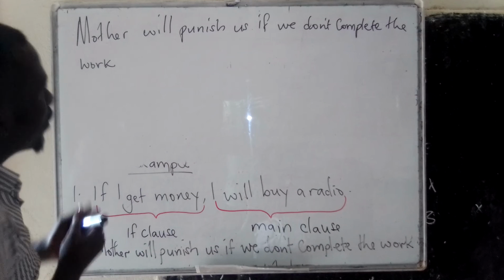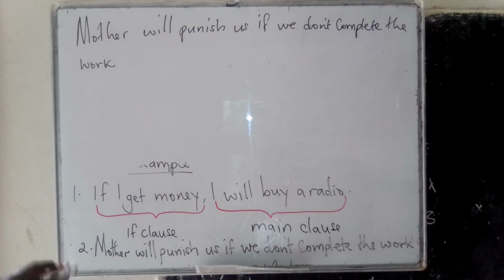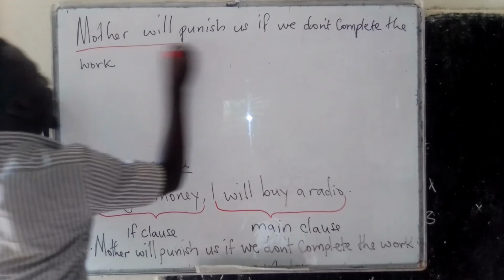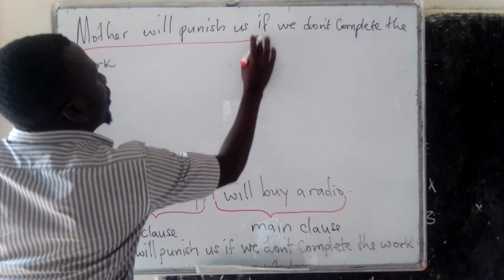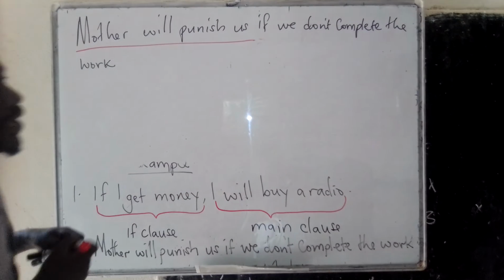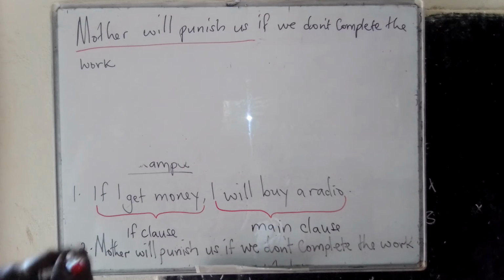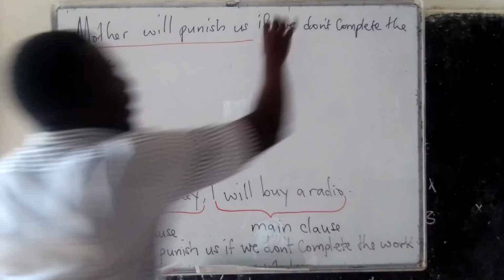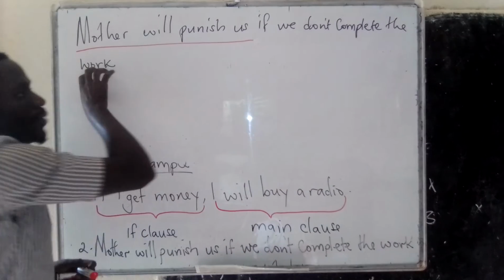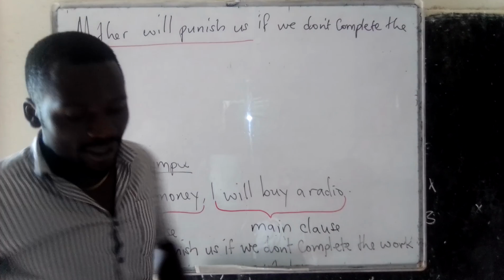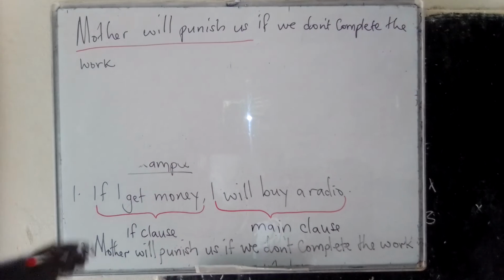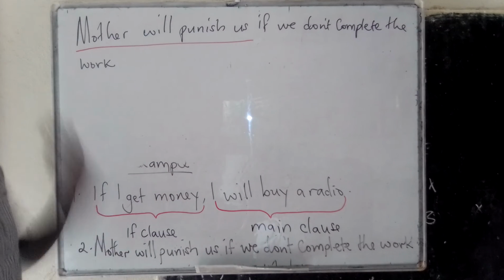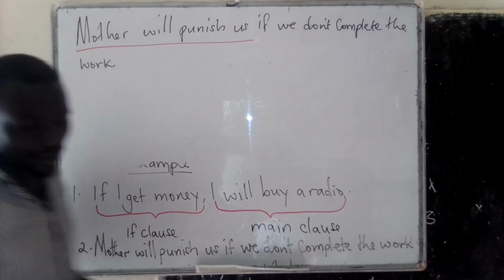Now, you're seeing that there is no comma here. From there up to there, it is already the if clause. This is the main clause, and from here, continuing up to this side, it is the main clause. Now, I believe you have understood where is the main clause and where is the if clause.